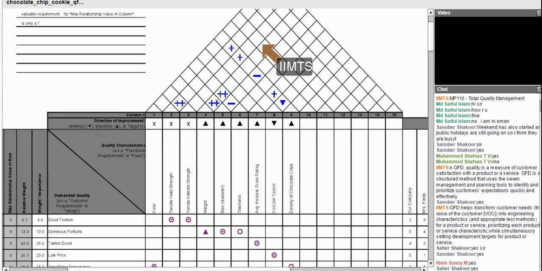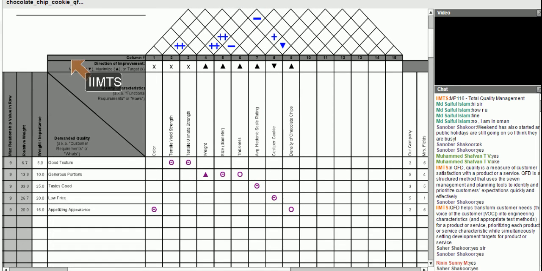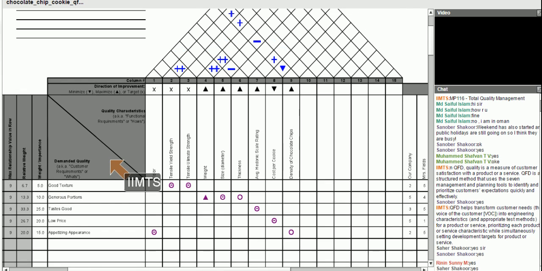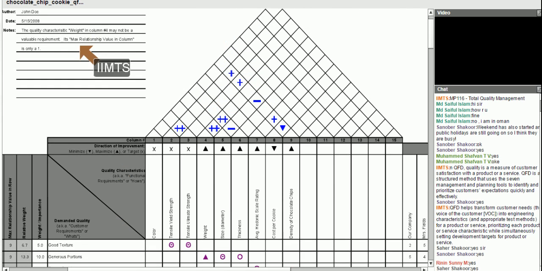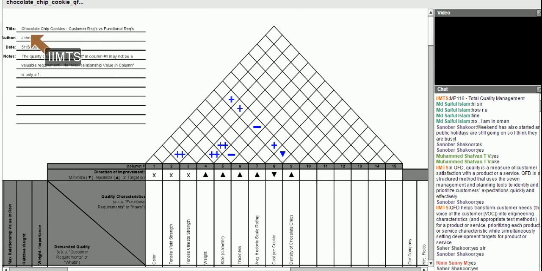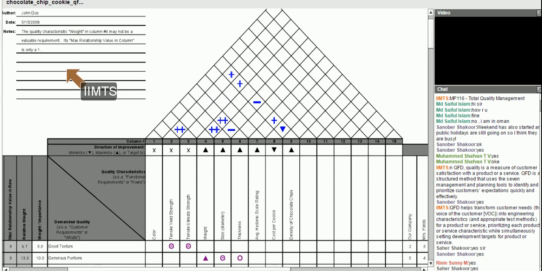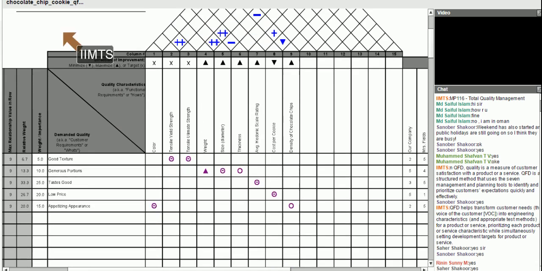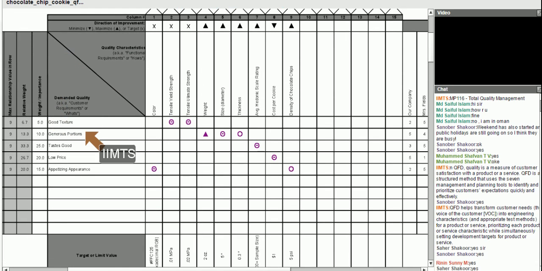Now see this chart. In these columns they have the demanded quality which the customer wants, and in this row we have the quality characteristics. In the first column we have good texture. Now this is the QFD of chocolate chip cookies, so the product is chocolate chip cookies and the terminology is based on that.